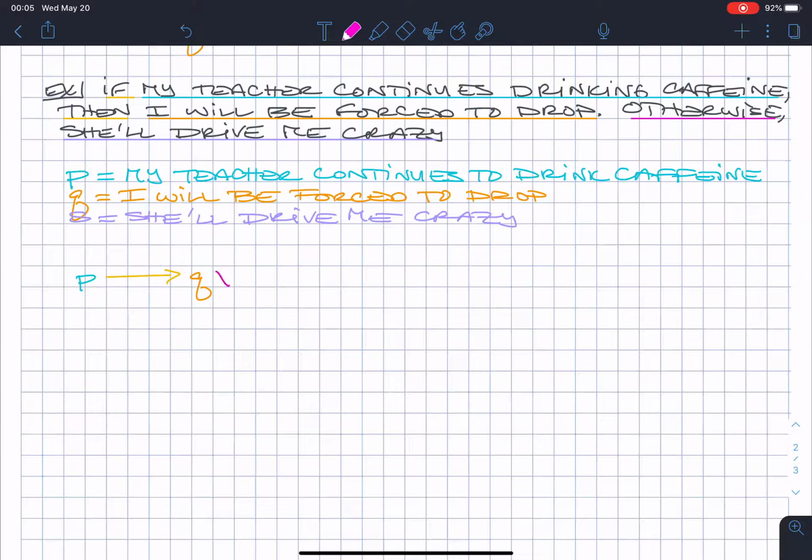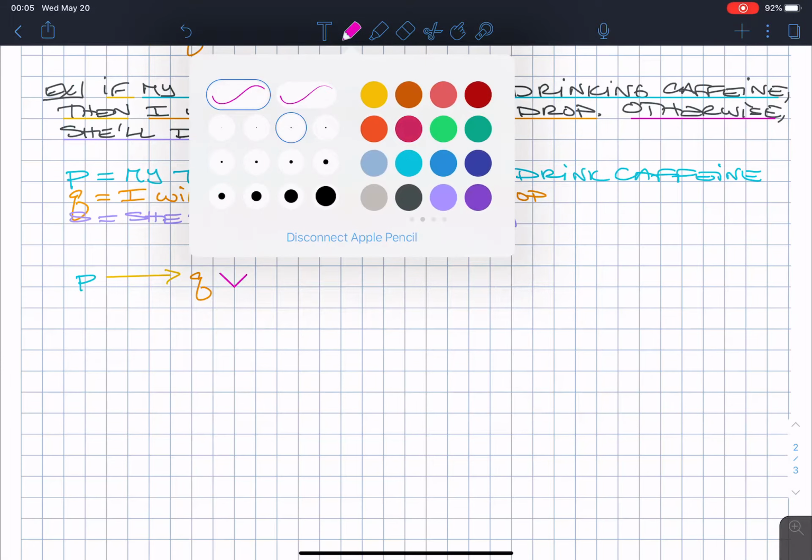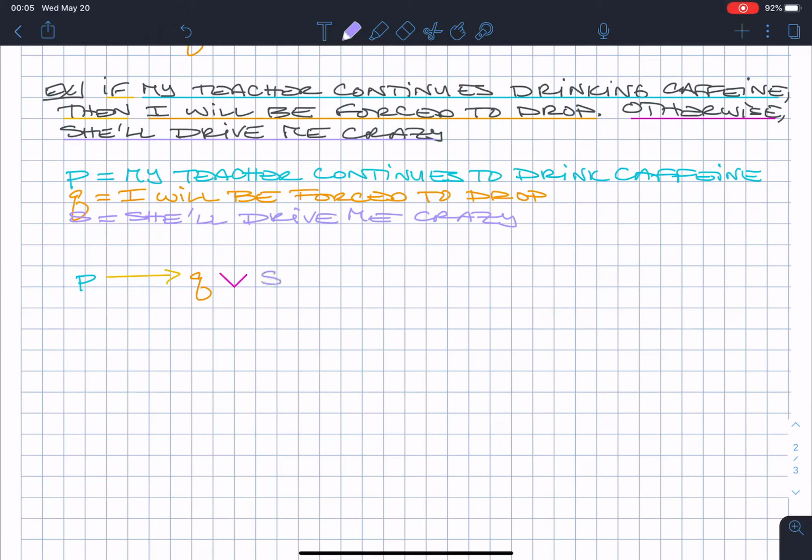So otherwise is the or. Let me draw this a bit better. Okay, well, otherwise, or else, she'll drive me crazy. So if my teacher continues to drink, then I'll be forced to drop. Otherwise, she'll drive me crazy. Okay, so hopefully the symbols are making sense now.